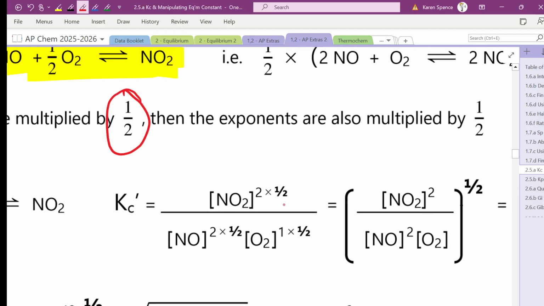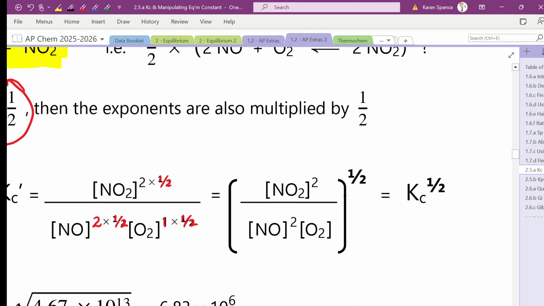So NO2 gets multiplied by 1/2, the 2 gets multiplied by 1/2, and the 1 gets multiplied by 1/2. Instead of doing that, everything's been multiplied by 1/2, all of the coefficients, so we can just raise the entire thing to the power of 1/2.